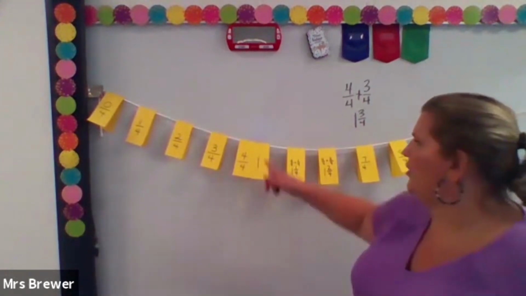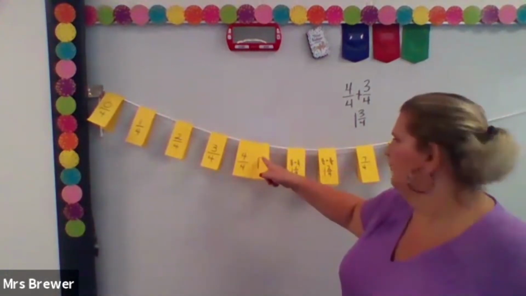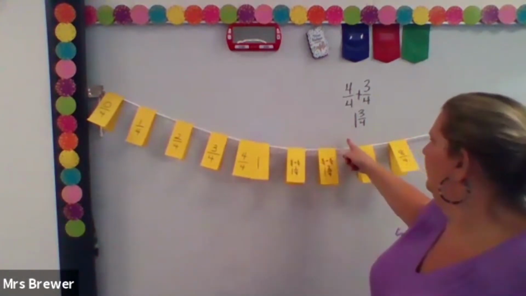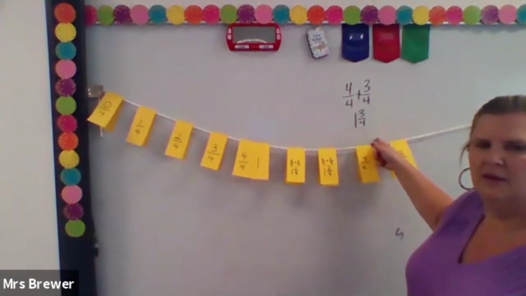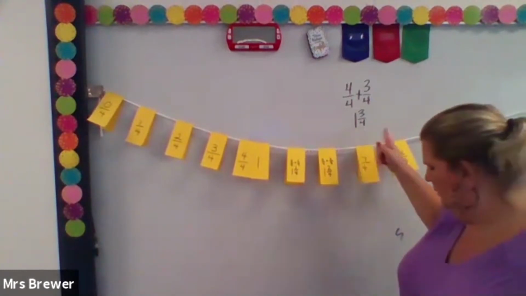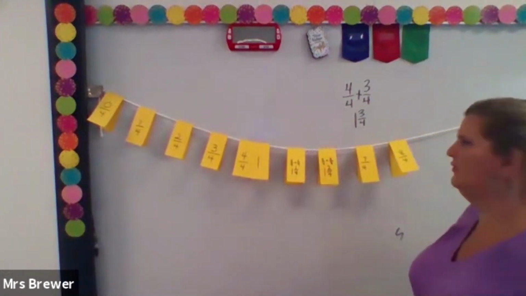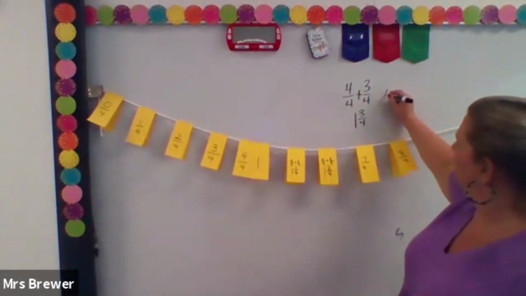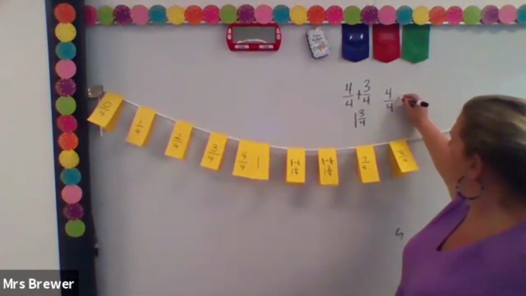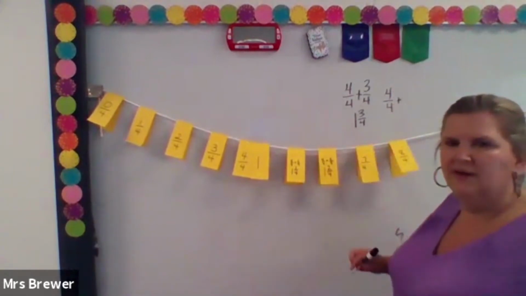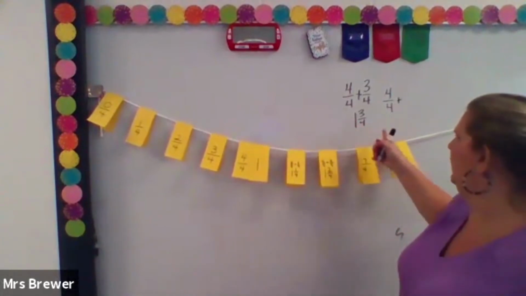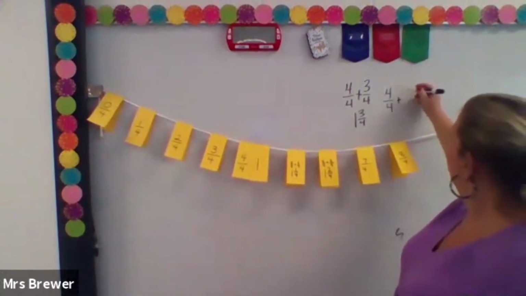So if we have 1 whole, right? How many fourths do we go? 1, 2, 3, 4. So let's look at what we got here, boys and girls. So I had 4 fourths then, right? How many fourths after 1 did I go? Or after our 4 fourths, I went 1, 2, 3, 4 fourths, right?